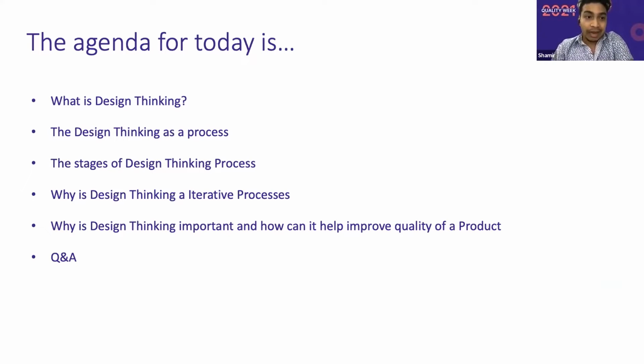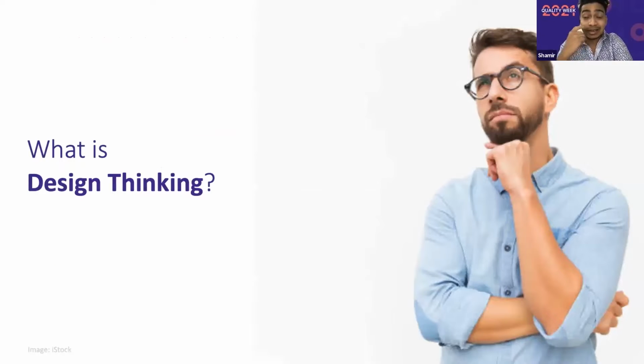Then, why design thinking is important and how it can help improve the quality of a digital product. Within this session, when you hear the facts and figures, I think you can grasp that as well. At the end of the session, I would like to summarize, and then like Vishma and the team said, it will be followed by a Q&A session and then a small quiz. So with no further ado, let's begin.